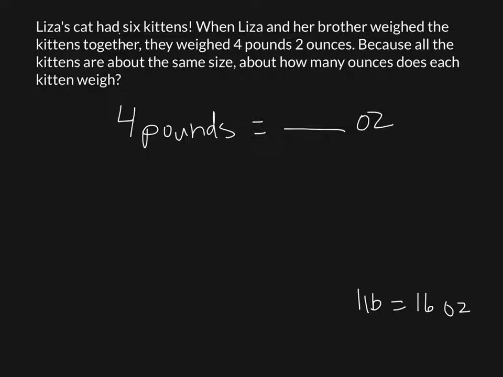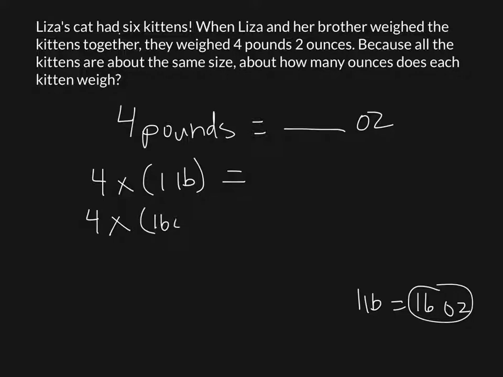So I'm going from large units to small units. That means that I'm going to be multiplying by a whole number, in this case 16. So I'm going to say 4 times 1 pound, and I'm going to use the abbreviation here, equals 4 times, and now I'm going to change my unit. For every 1 pound, I have 16 ounces.